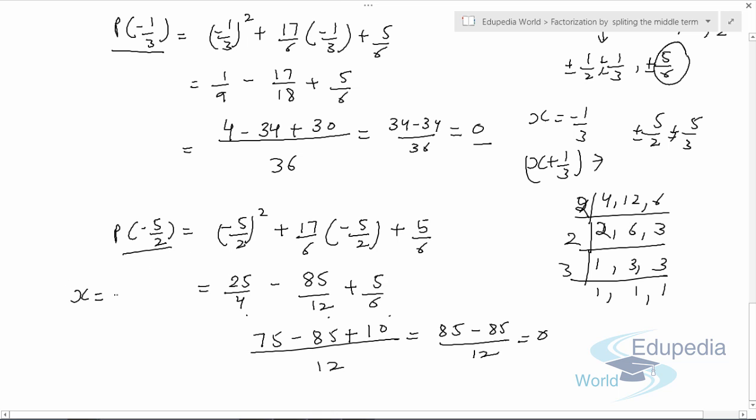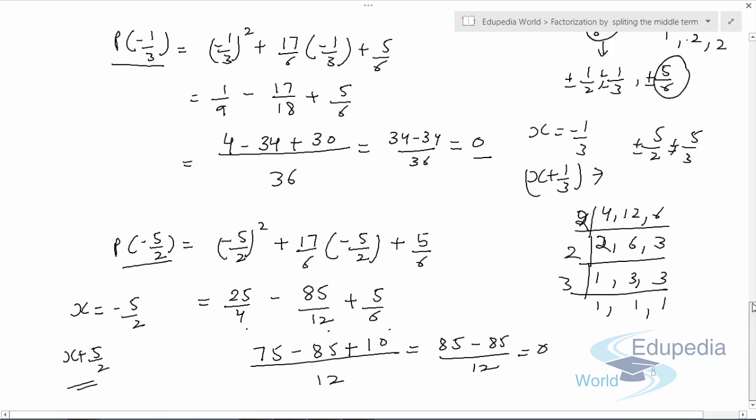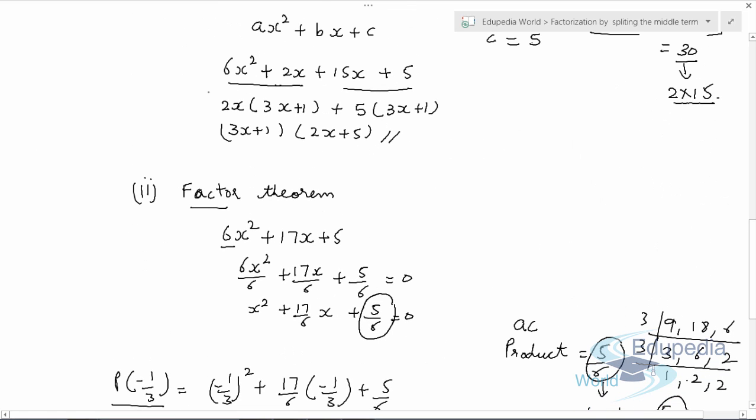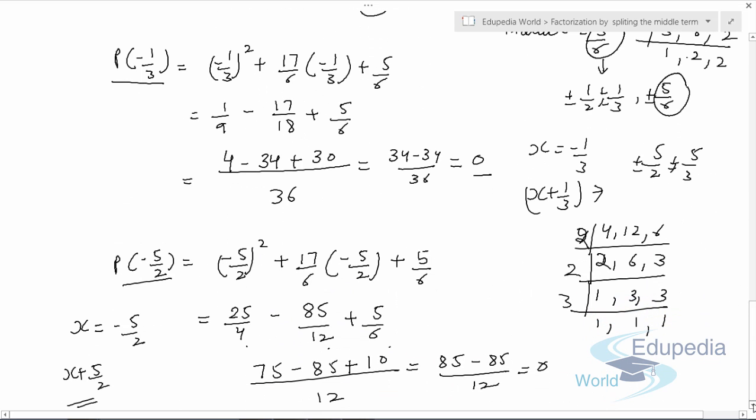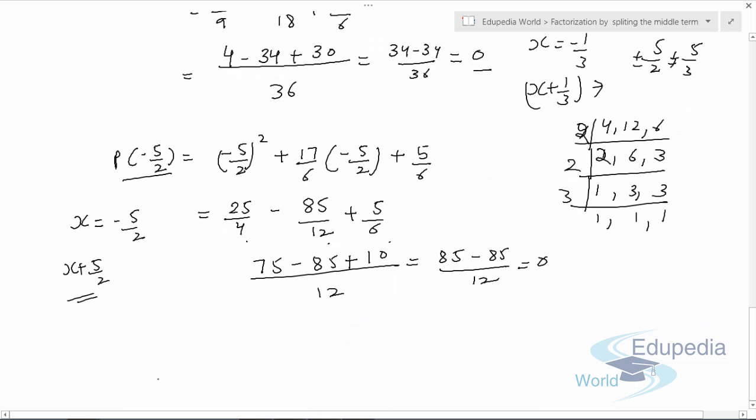So x equals minus 5 by 2 is a factor, and x plus 5 by 2 is a factor. Now we have to stop here. Why? Since the degree of the polynomial was 2, we have only two factors, and we have got the two factors.